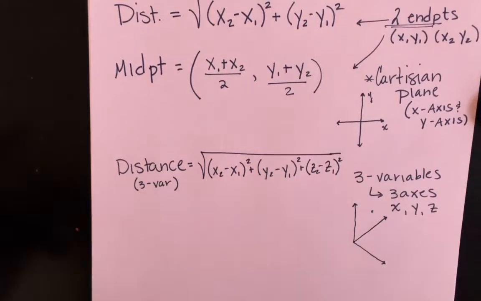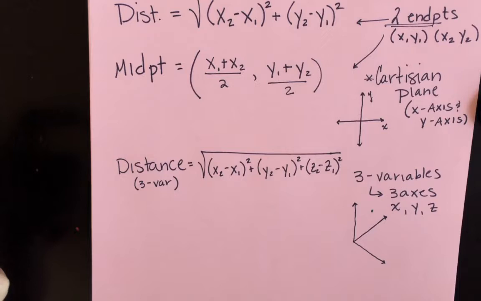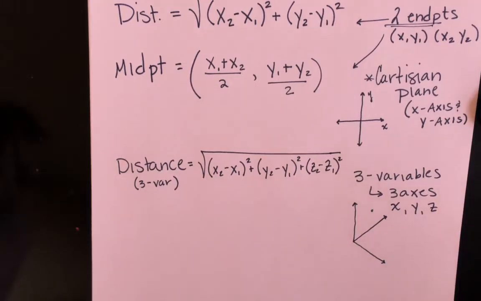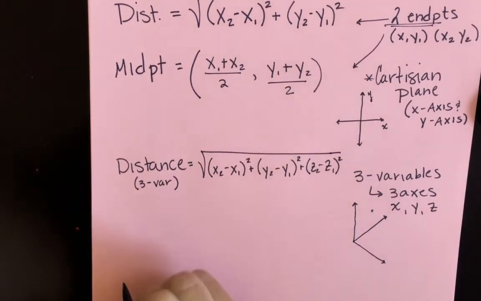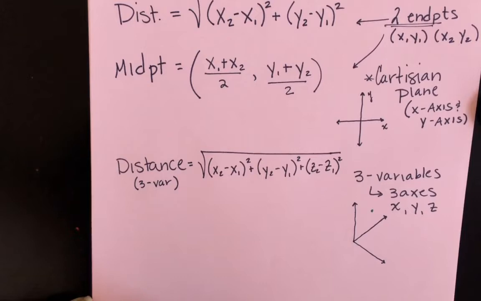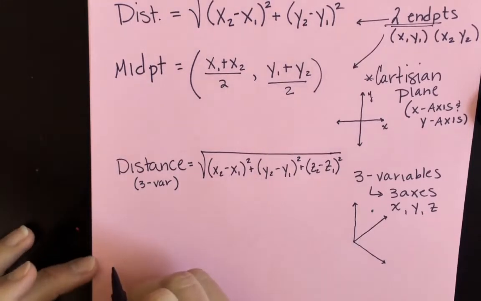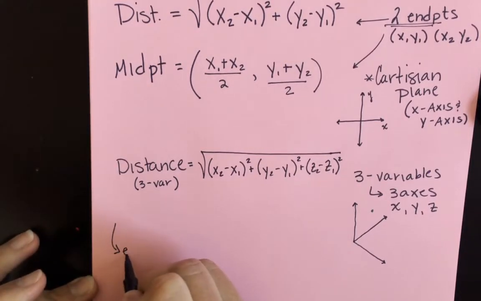Now, it's not a part of this, and I don't think you'll see it in this section, but if we are talking about three dimensions, we did have something in our triangles, kind of like an extension.